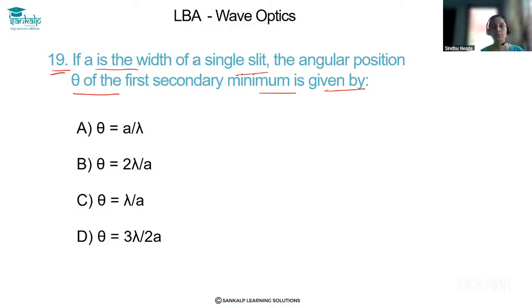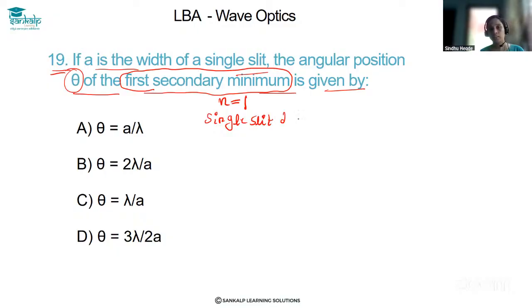If A is the width of a single slit, the angular position theta for the first secondary minimum. First secondary minimum is nothing but n is equal to 1. This is the given thing. Then the single slit diffraction formula, A sin theta is equal to n lambda.